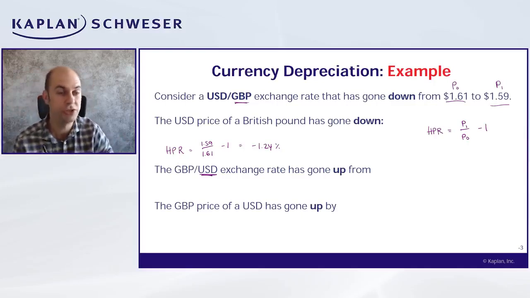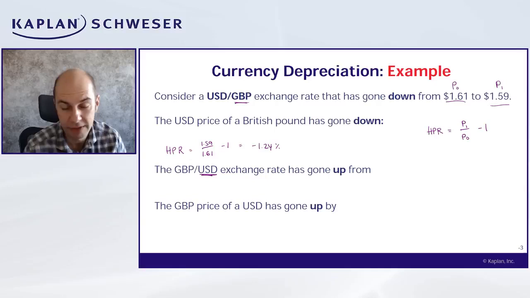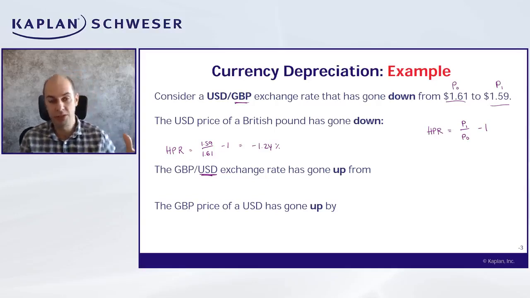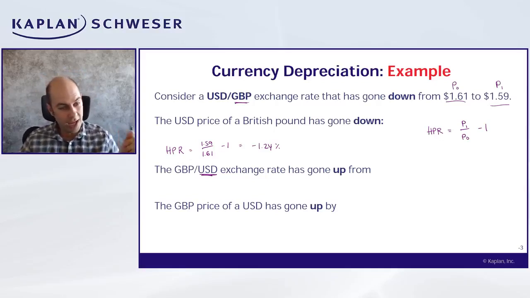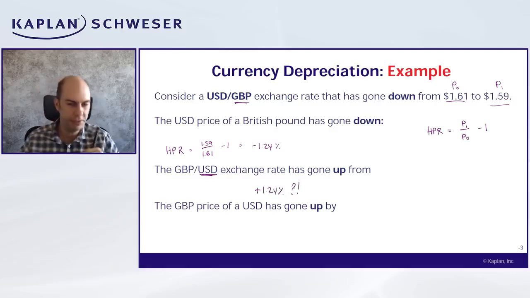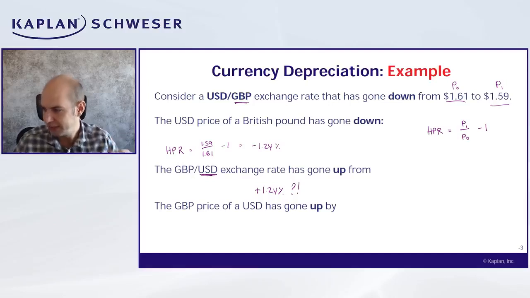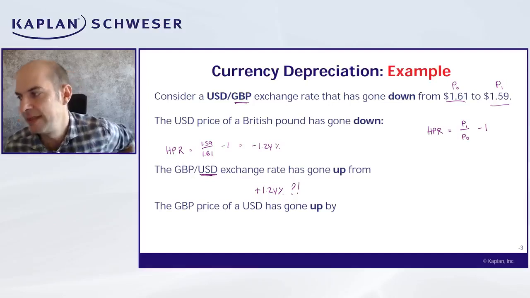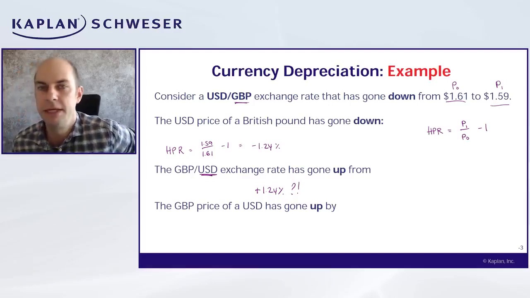Can we not just simply say, well, if the pound has gone down by 1.24%, it follows that the dollar has gone up by maybe 1.24%, right? Maybe you're thinking that's what's going to happen. Unfortunately, my friends, the nature of percentages means that it's not going to be a mirror image.